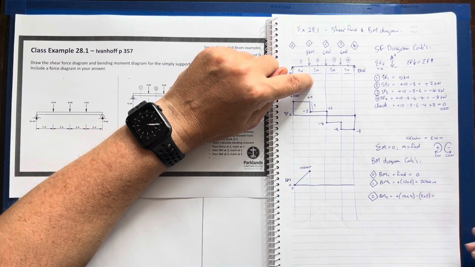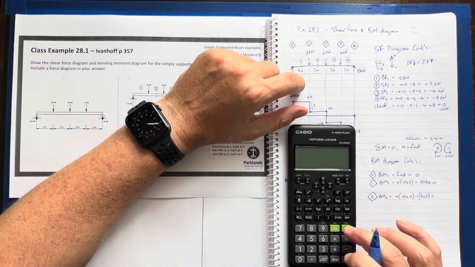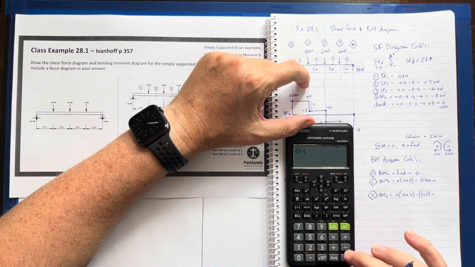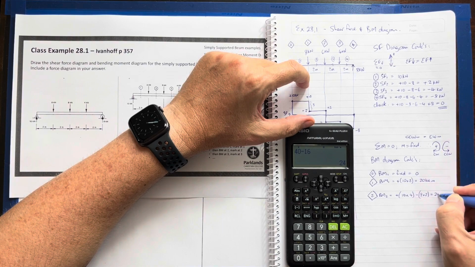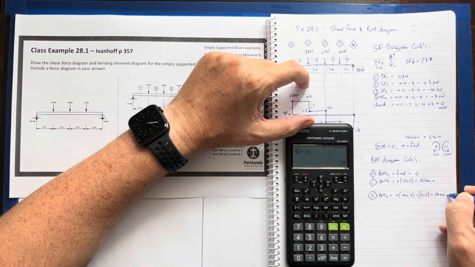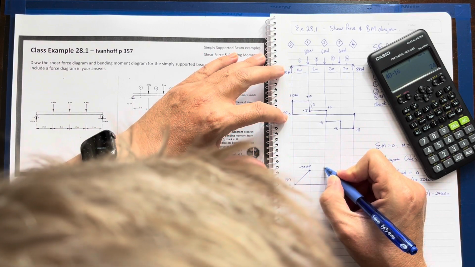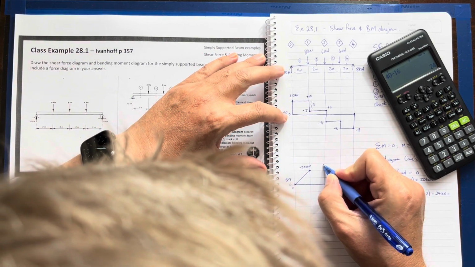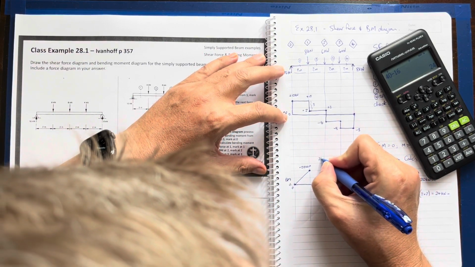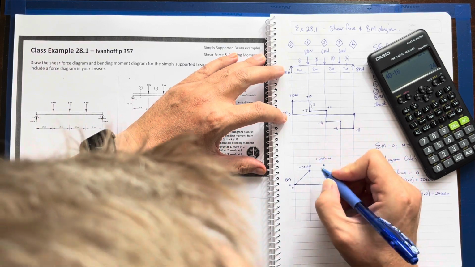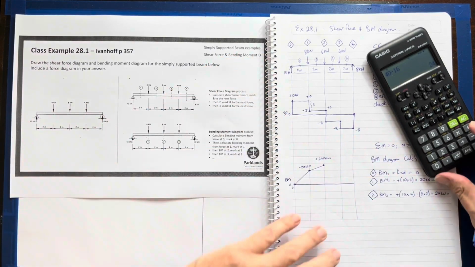So what is that? That is 40 minus 16. This should be really simple to work out. 40 minus 16, 24 kilonewton meters. So at my point 2, I'm going to say it's about there, 24 kilonewton meters. I'm going to draw a straight line there.